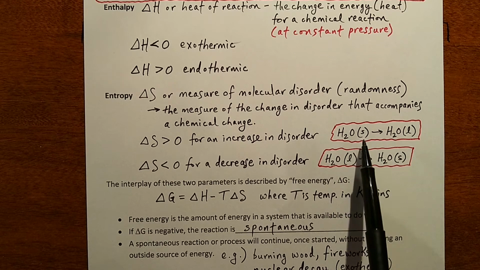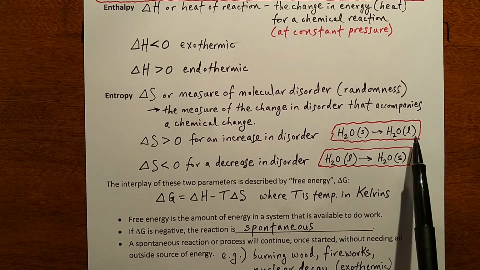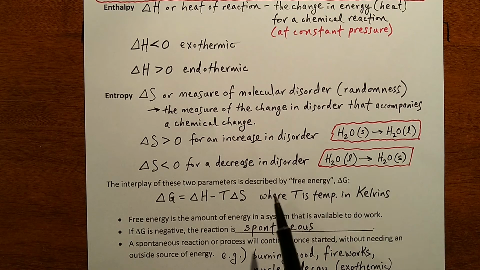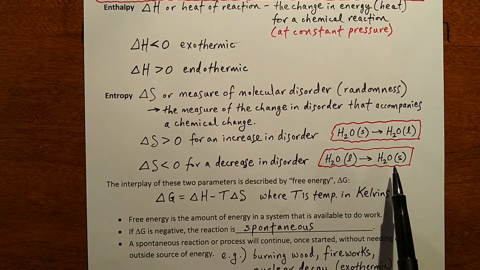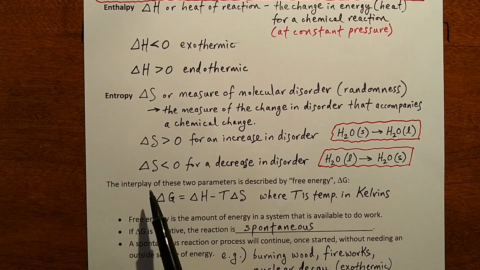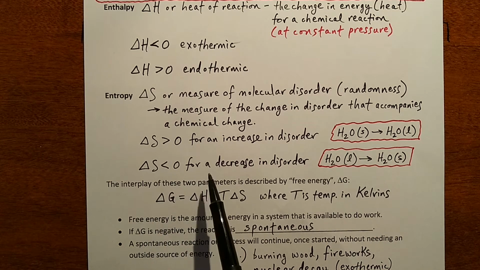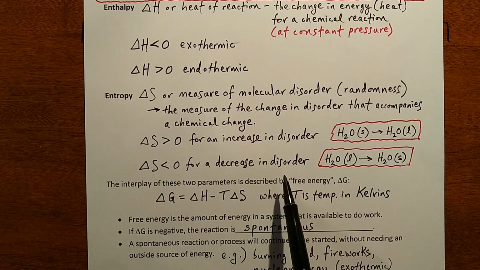It's going from a more ordered state to a less ordered state, so we say there's more disorder. The opposite process, where liquid water would freeze, becoming ice, would have a negative delta S. We say there's a decrease in disorder, or you could say an increase in order.